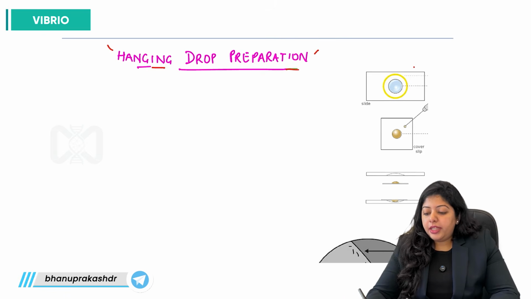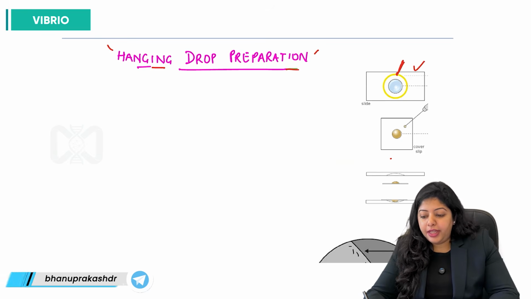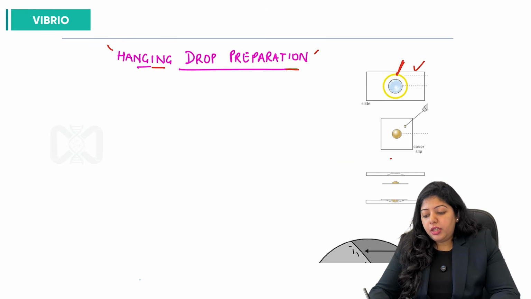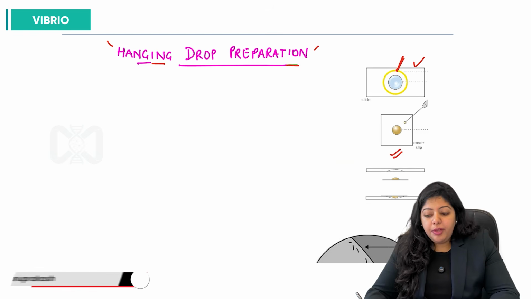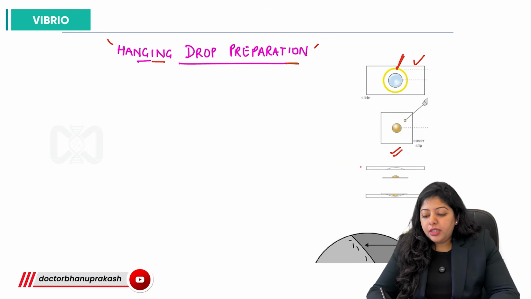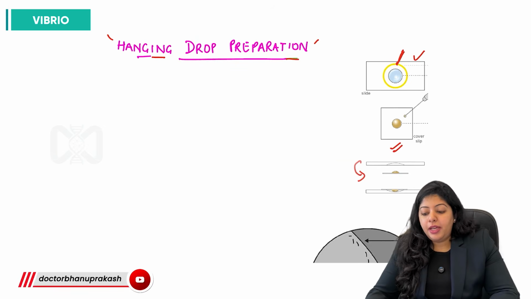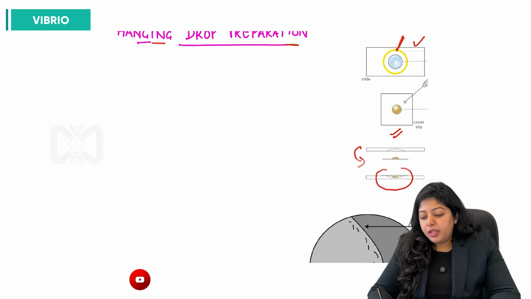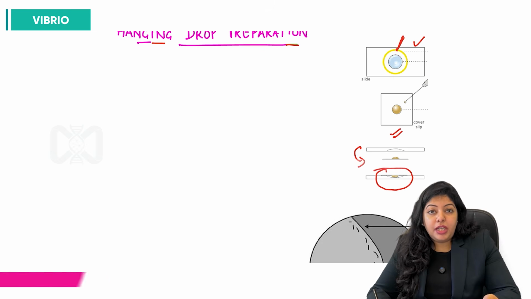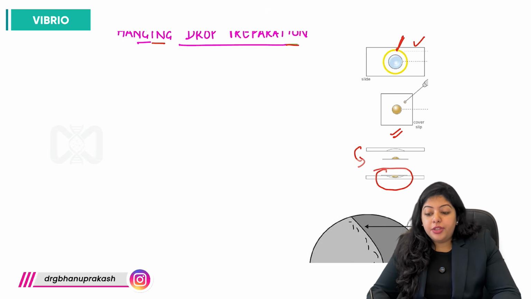This is a slide where we have this paraffin ring or molding clay ring, and onto a cover slip we put a drop of the stool sample, invert the slide onto the cover slip, and then flip the cover slip. So this is the kind of interface we get. See, we get the drop which hangs from the cover slip and we observe it under the microscope.